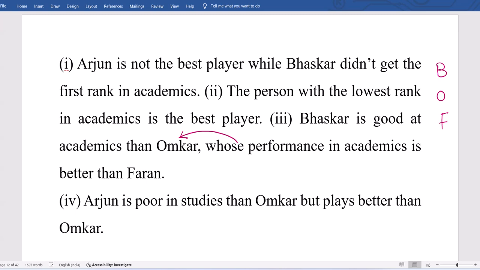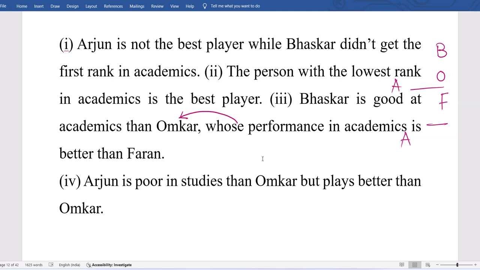Arjun is poor in studies than Omkar, but whether Arjun will be here or here is a doubt. Studies means academics only, right? So A is below O or below F, we don't have clarity. Let it be. I'm focusing only on academics first.